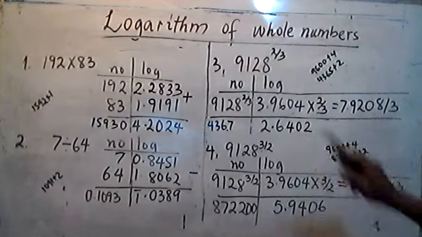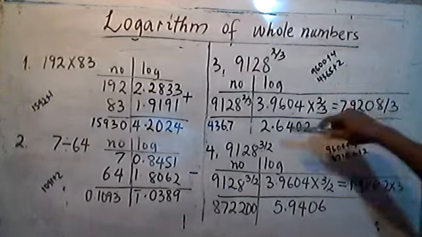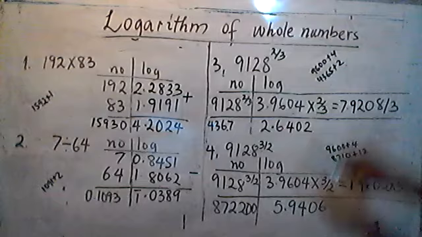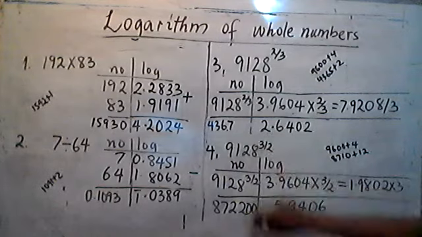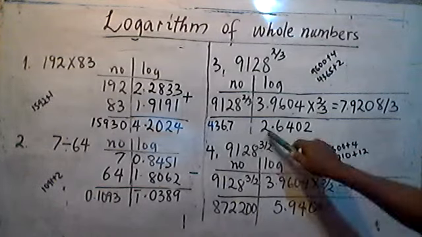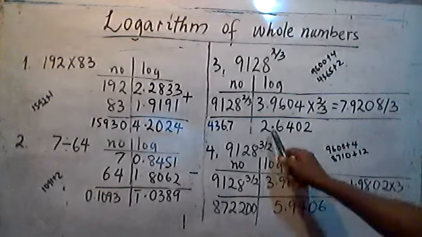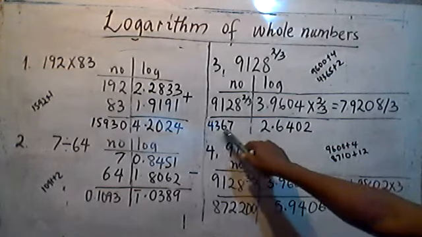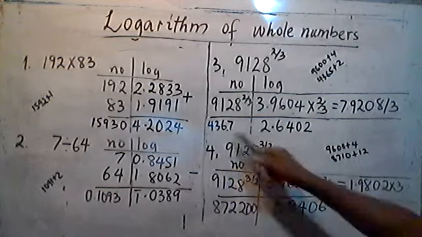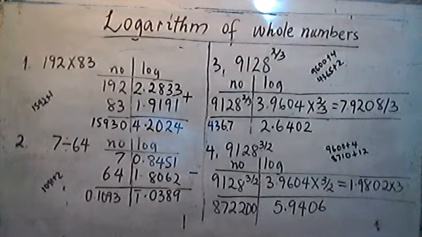Then under 2, the difference is 2. You add, you have 4367. Then when you have 4367, you place the decimal point. Because it is 2 here, the decimal point is from here. You count 2 places to the right, 1, 2, and that is how it is between 6 and 7.